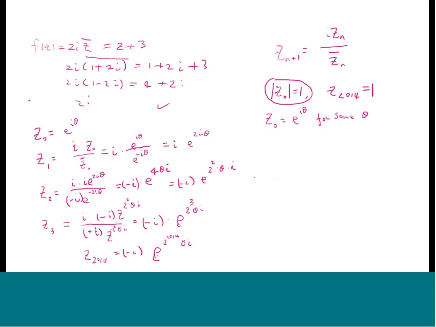Okay, so this is E. It's easy to make. So that one equals 1. It means E to the 2014 theta I equals I, which is E to the 2 pi I, right?